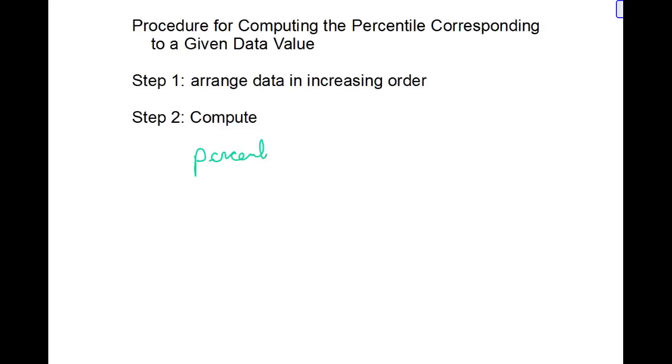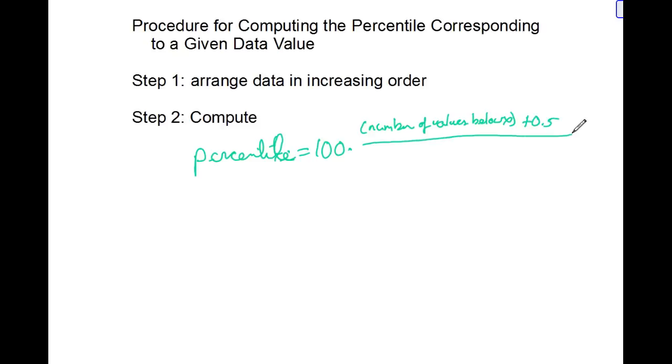Our percentile is equal to 100 times the number of values below X, meaning how many values are below what we're looking for, plus 0.5, divided by our N, the number of values in the data set.